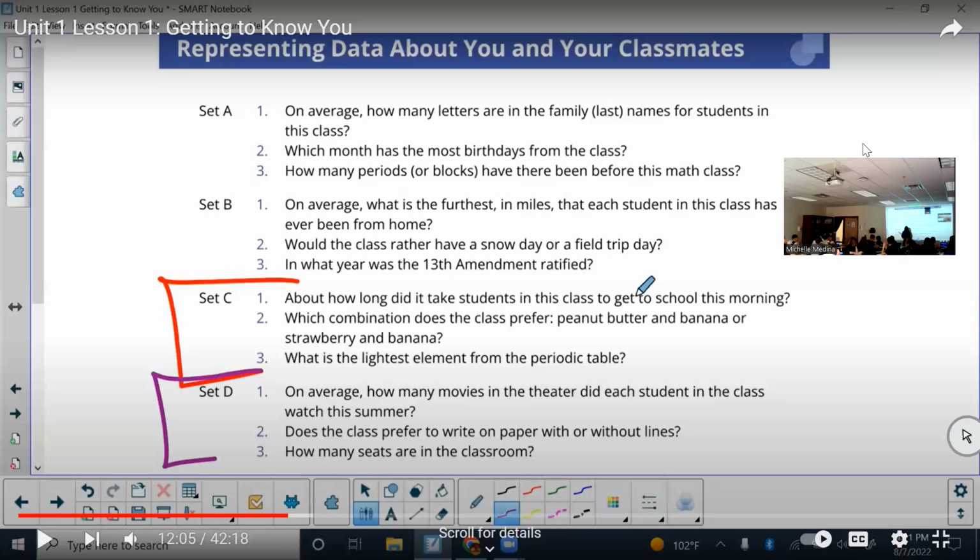If you were trying to find the most popular birth month, so set A question 2, which month has the most birthdays from the class? I wouldn't go up to Gavin and be like, which month has the most birthdays in this class?